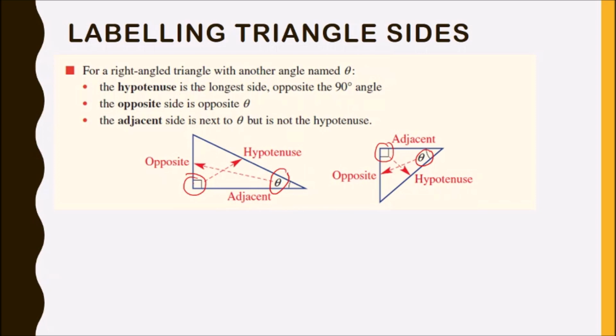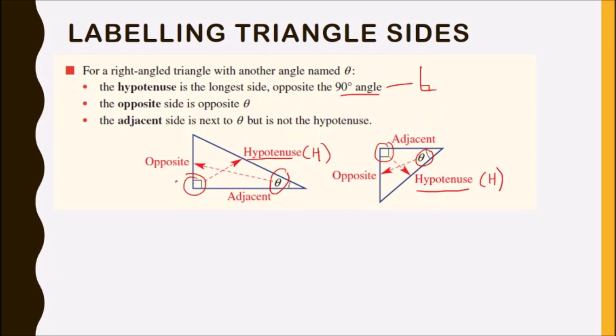So the hypotenuse is the longest side opposite the 90-degree angle, 90 degrees denoted by the little square. So if you can see here, this is the right angle, and opposite that is the hypotenuse, and that's denoted by the letter H. So same here, right angle, and if you look opposite there, hypotenuse denoted by the letter H.